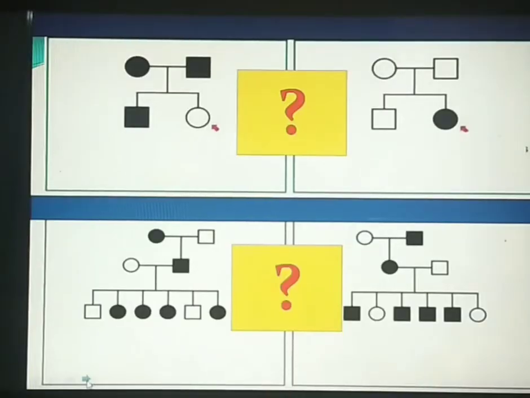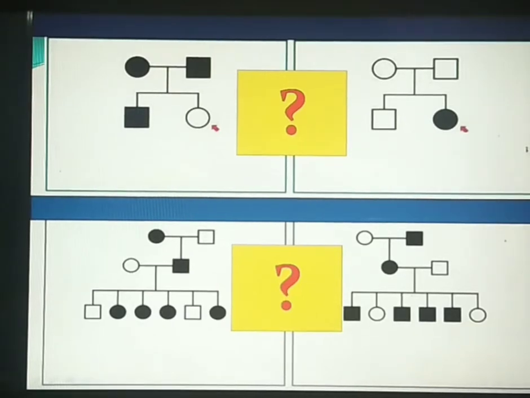So for the exam, if such pedigree charts are shown, how do we identify whether a particular chart is autosomal or sex-linked? If it is autosomal, whether it is dominant or recessive, and the same for sex-linked diseases, right?